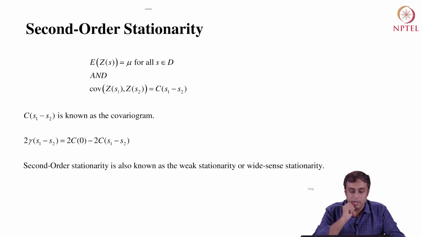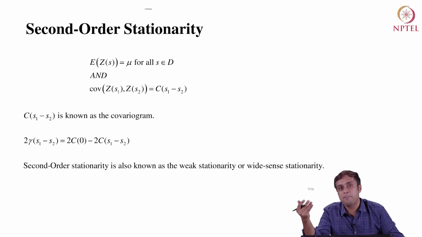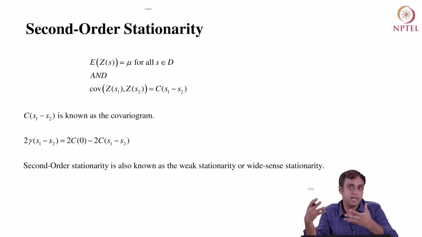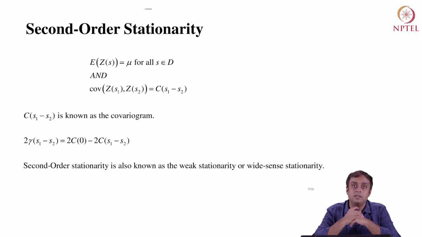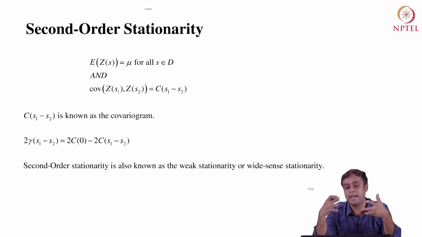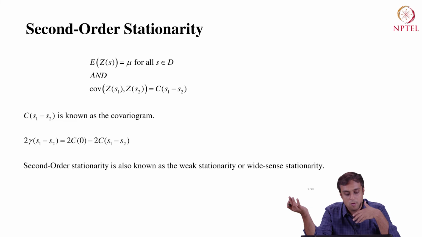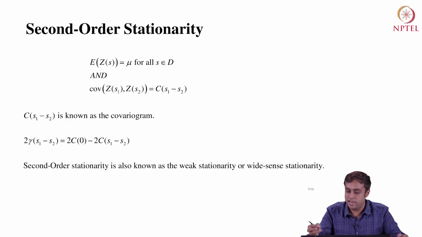Okay. So, intrinsic stationarity is not the only type of stationarity, there are other forms of stationarity in data. The second one that we are looking at is called the second order stationarity. What does second order stationarity mean?